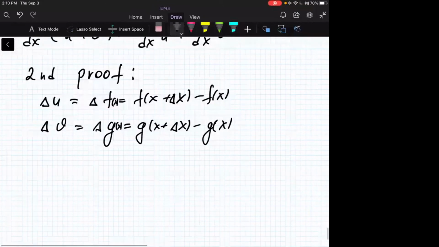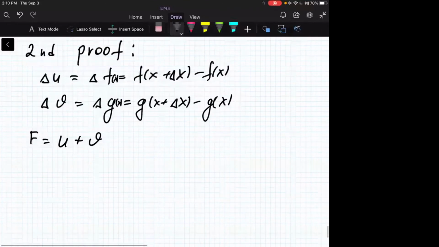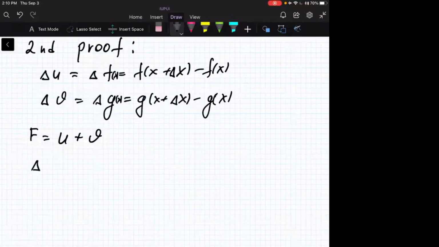Then what we have? Our capital F is u plus v. What is delta f? Delta f will be delta u plus delta v.